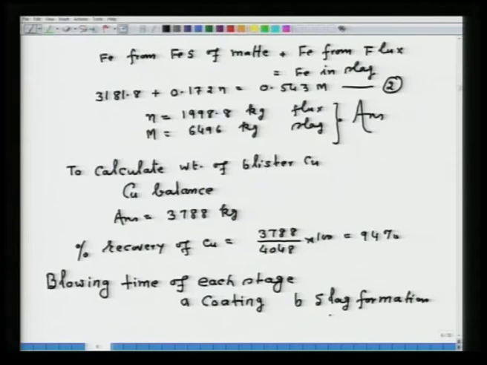You can do those balances and ultimately calculate how much oxygen is required, and from the oxygen you can calculate the air.